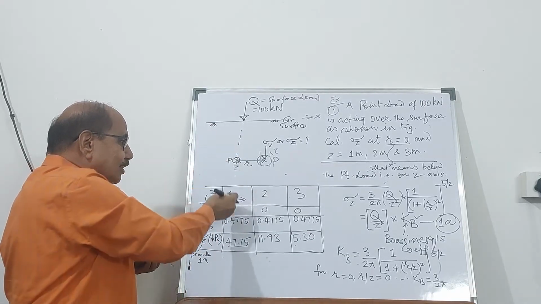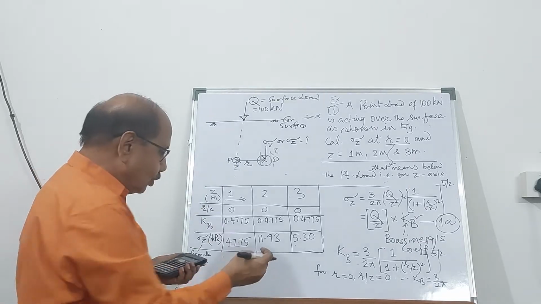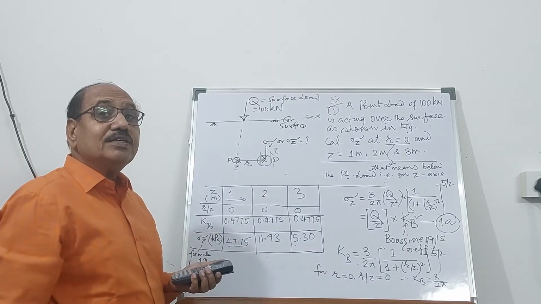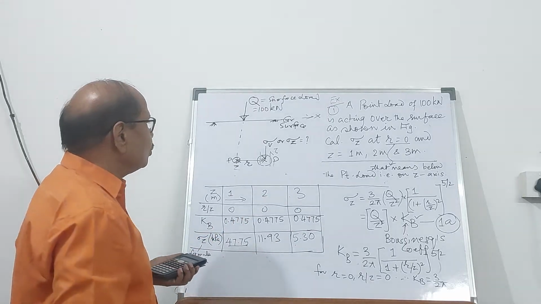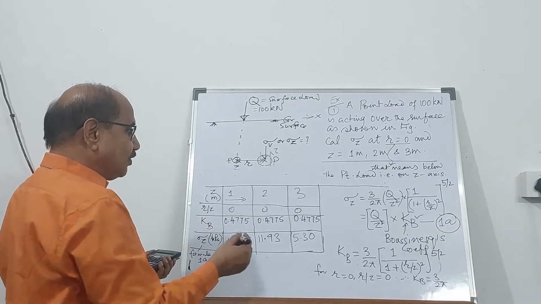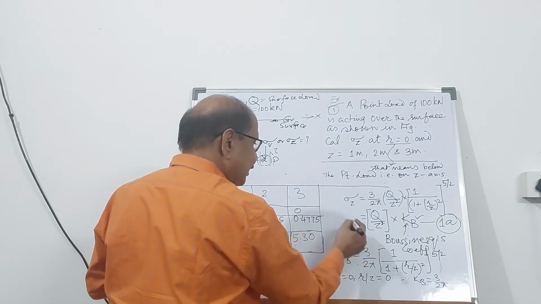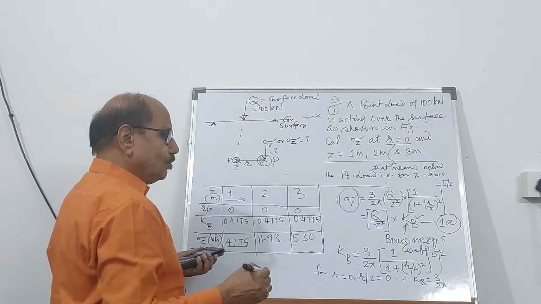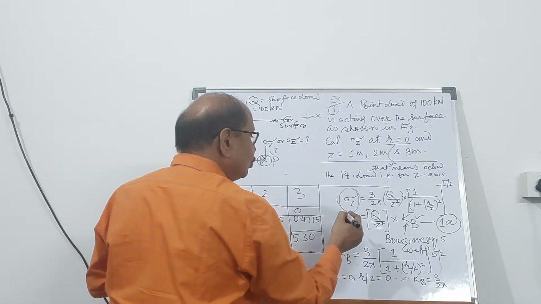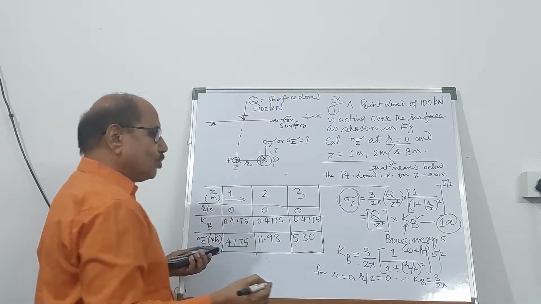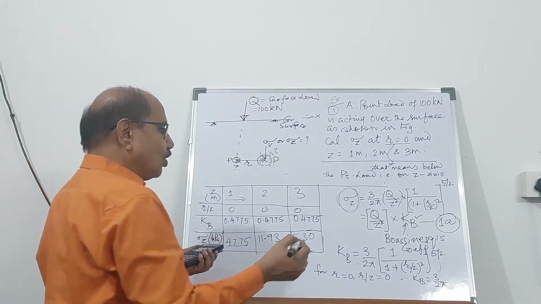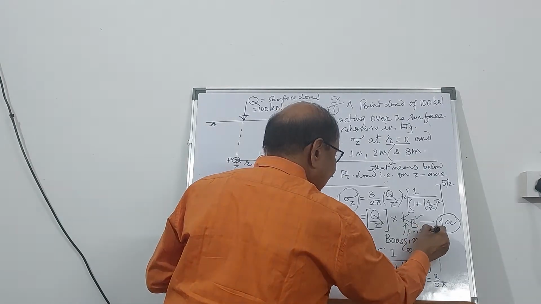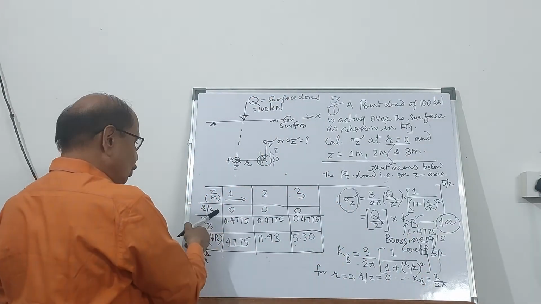As you go down and down, the value is going to be quite less, and practically it becomes 0 at a particular depth. At depth also you can find it out. At what depth will it be 0? At a certain depth, the sigma Z is going to be 0. So what will be that value of Z? That also you can find it out, because Kb is going to be 0.4775, no change for R equal to 0.